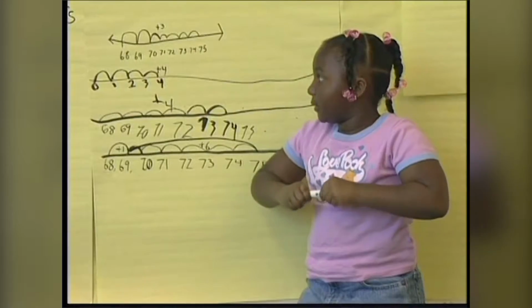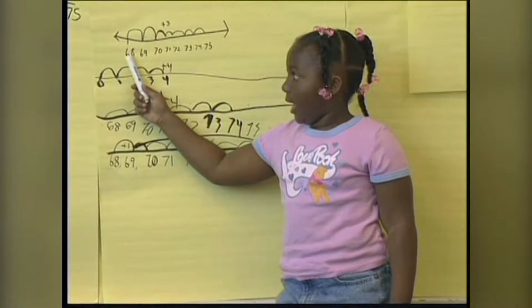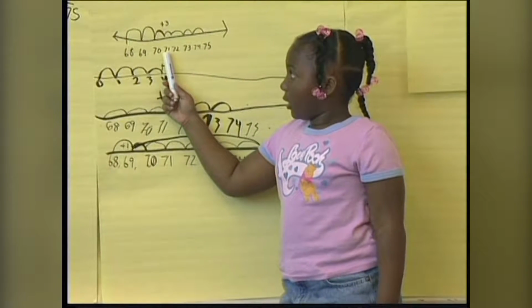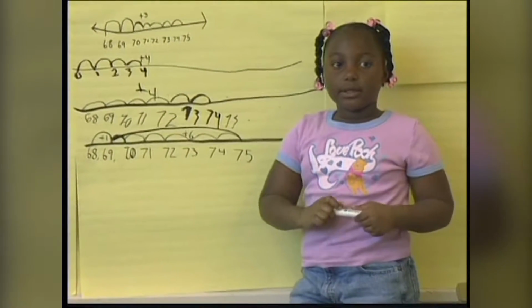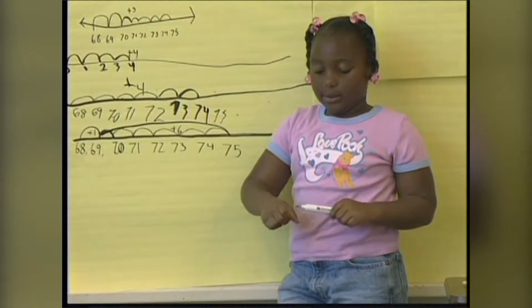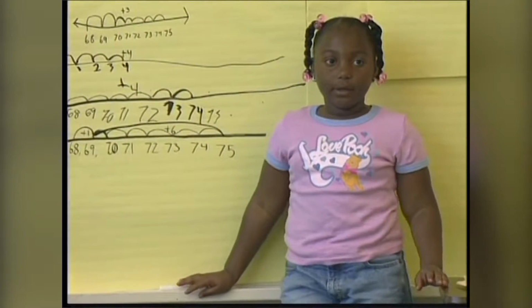Another way to get to 75 is to add 4 and then plus 3 more, because 4 plus 3 is 7, and it's the same as 5 plus 2 plus 5.